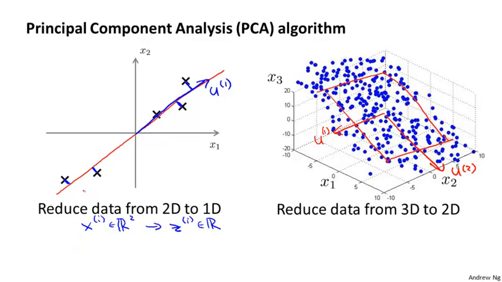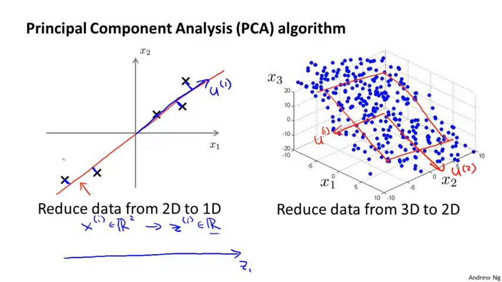Specifically, by projecting the data onto this red line there, we need only one number to specify the position of a point on the line. So I'm going to call that number z, or z1. Z here is a real number, so it's like a one-dimensional vector. So z1 just refers to the first component of this one-by-one matrix, this one-dimensional vector. And so we need only one number to specify the position of a point.